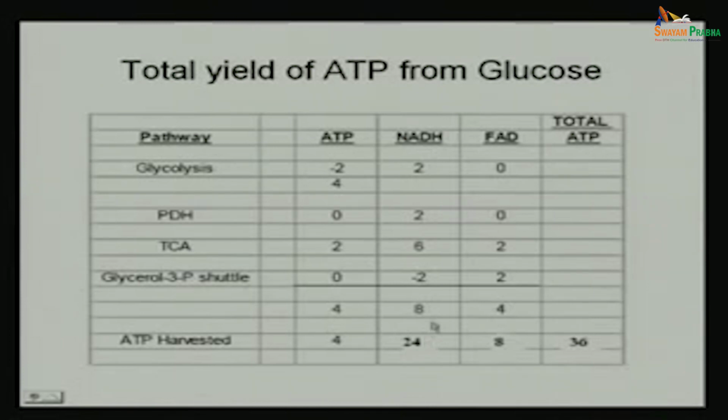So 8 molecules of NADH means 24 ATPs, and 4 molecules of FADH2 means 8 ATP. Altogether there is a net gain of 36 ATP molecules when the cellular respiration process is completed.